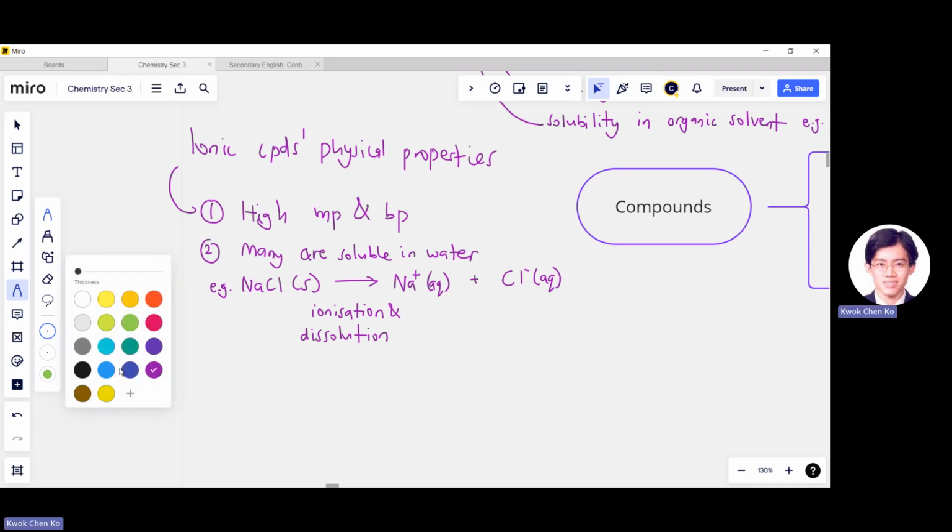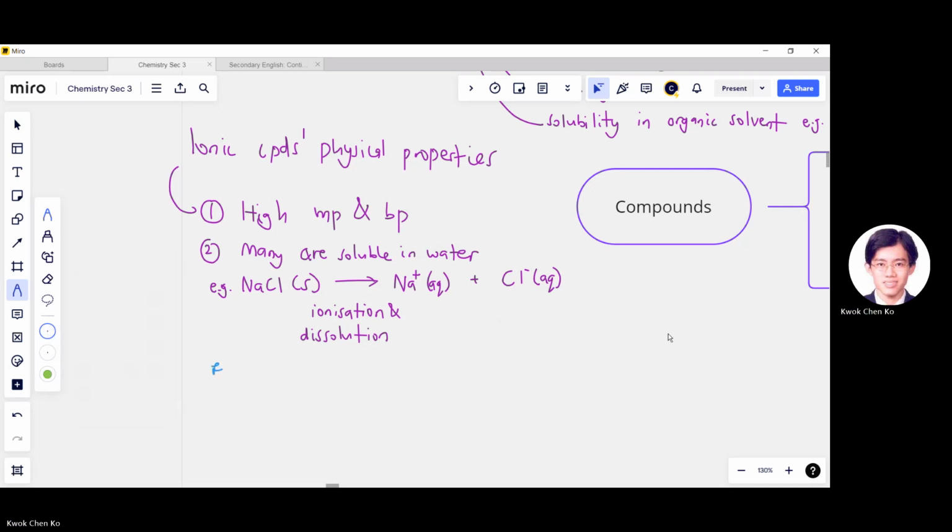Give you one more example. This one should be quite straightforward. By the way, this is called calcium hydroxide.